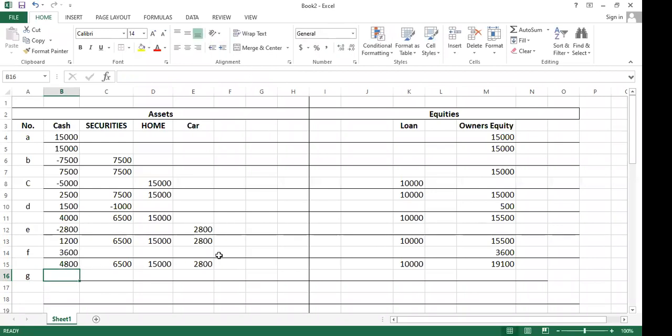Deduct 800 from cash, and 500 for the loan means decrease the loan, deduct the loan by 500, and the ultimate balance is to deduct 300 from owner's equity.